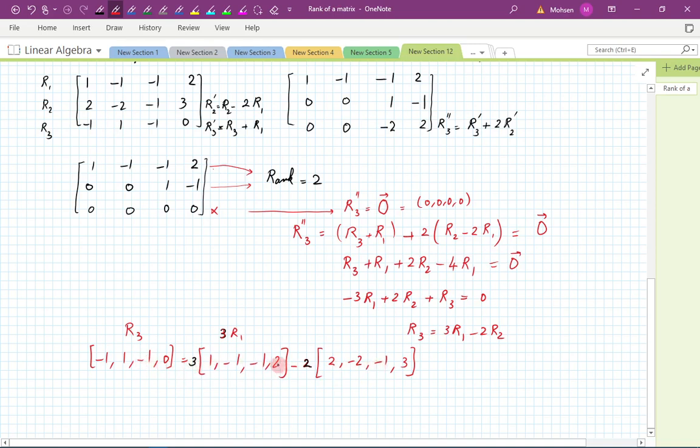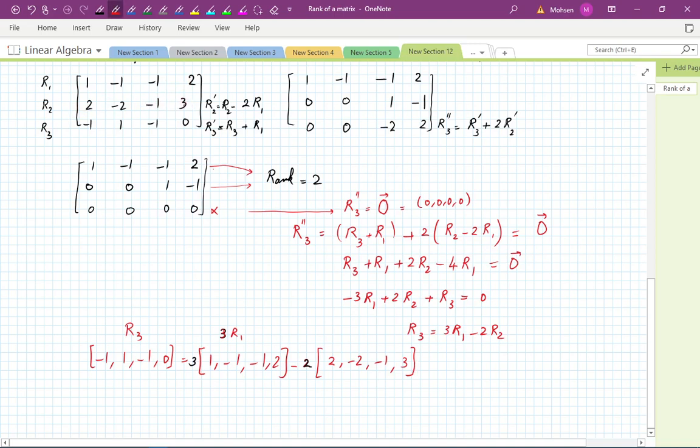Finally, 3 times 2 minus 2 times 3 is actually 0, and that's what we see. So in this coefficient matrix, the third row can be created out of the other two by tripling this and subtracting double of that.